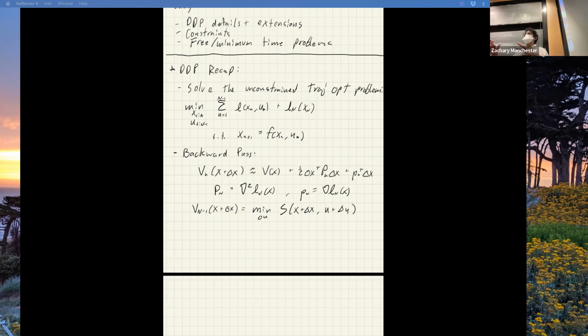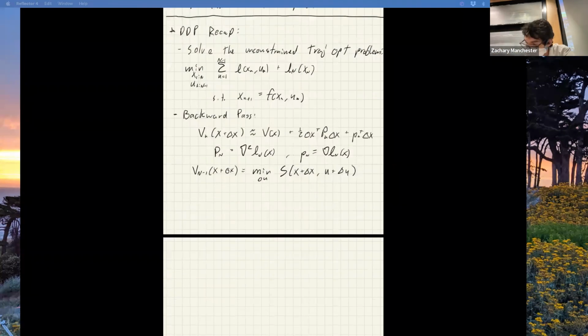Last time we derived all this out in terms of this block matrix setup, where we did the second order Taylor expansion of the action value function in terms of both x and u, got this block matrix for the Hessian and the gradient, massaged that around, and we got the following conditions for delta u. So delta u_{N-1} is going to be minus d_{N-1} minus, so that's the feedforward term, and then we got the feedback term on delta x.